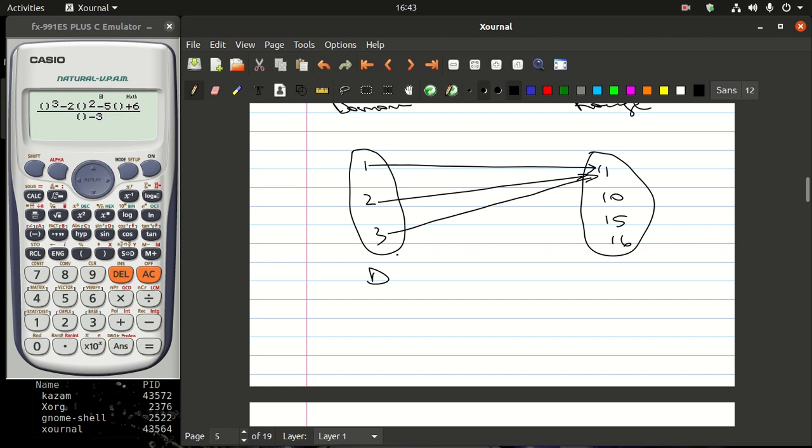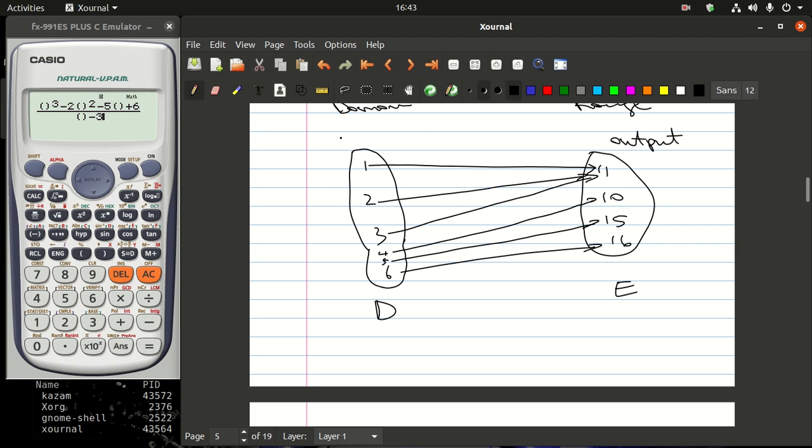Just making a simple example. And here, let me say you have 4, 5, and 6, and here you have that, and that, and that. Remember that this is our D, this is our E. This is a set of output values, this is a set of input values. So this D is for domain, and this one is the range.